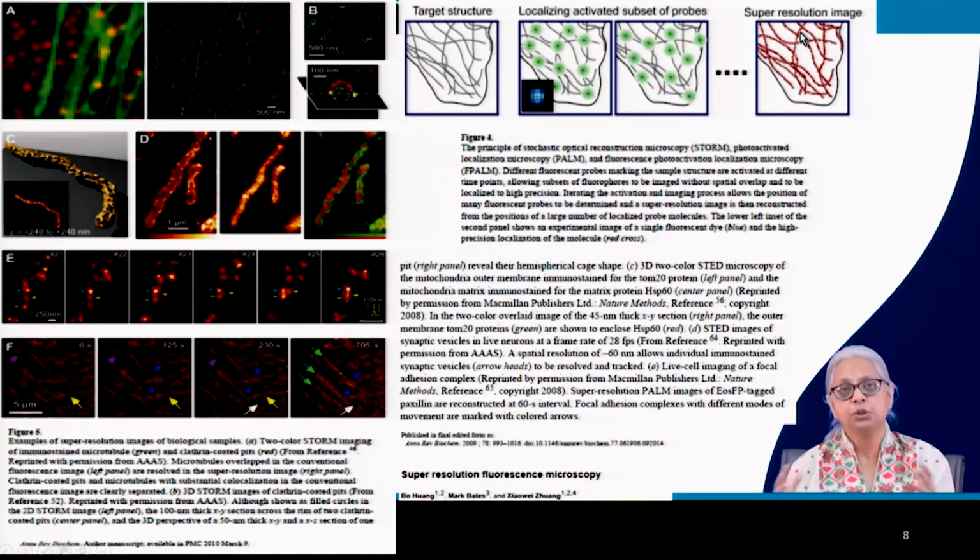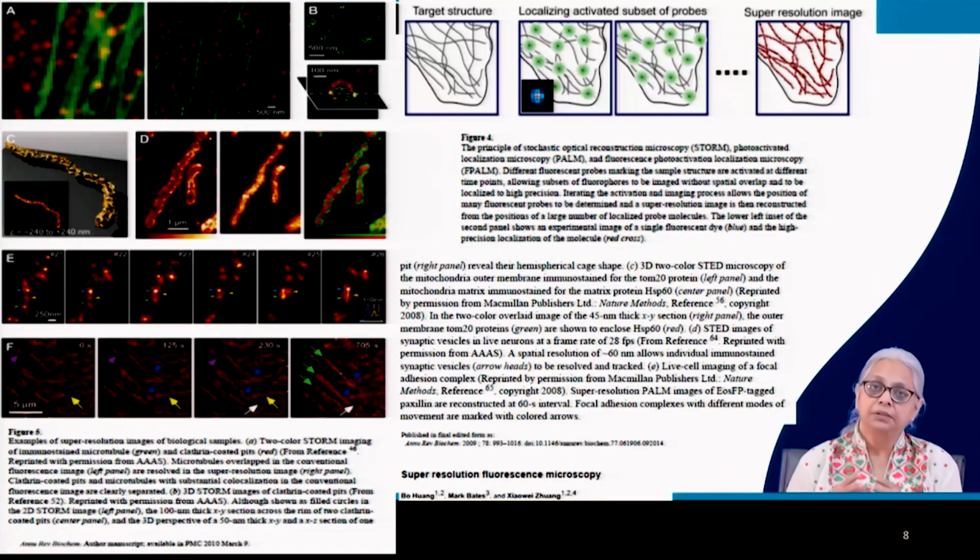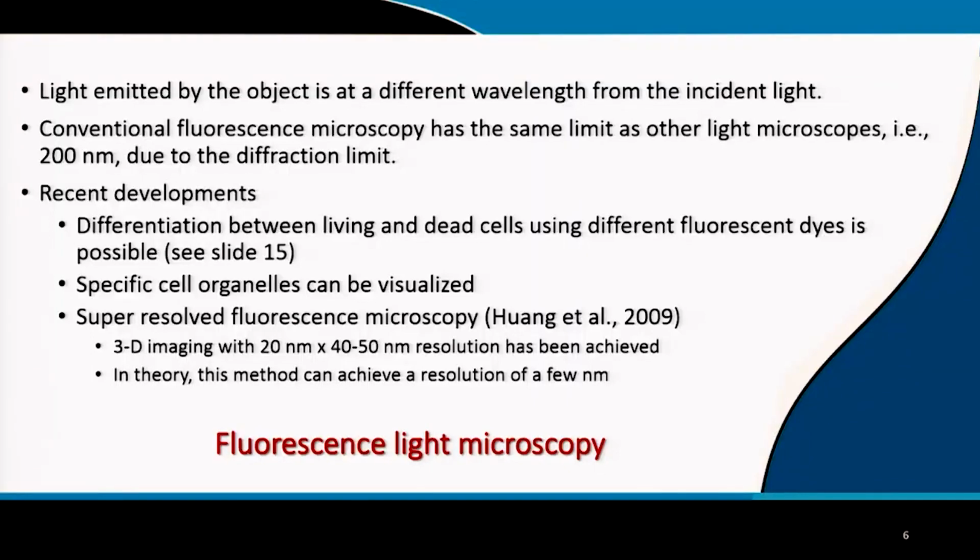So you don't have an image of the entire structure under the microscope, but you have enhanced images of only specific organelles that are part of the cell. In any case, it is an important development. Okay, so that's about fluorescence light microscopy.